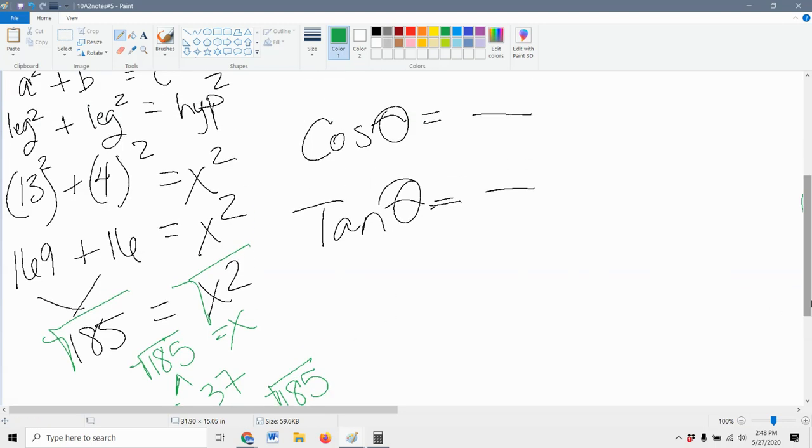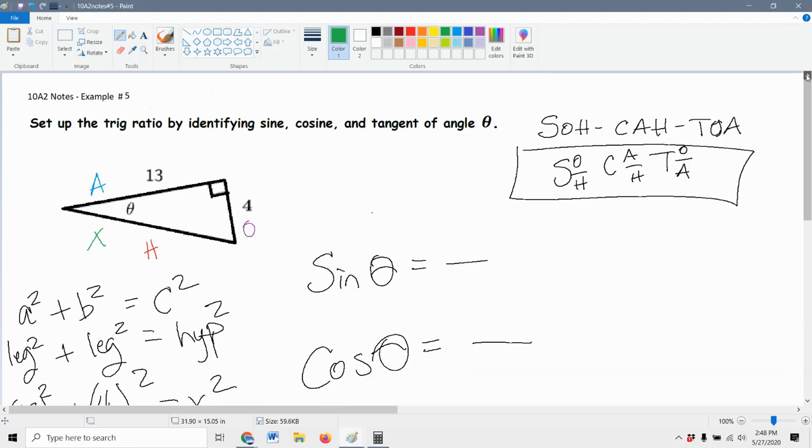So then x will just equal the square root of 185. And then we want to be sure to take that right back and plug it in for x. So when we do these trig ratios, the sine of theta is going to be opposite over hypotenuse, or 4 over... oh, I messed up here, guys.